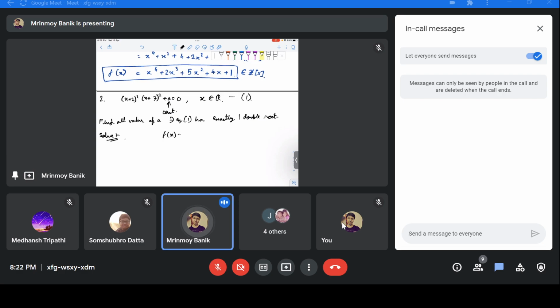Okay, so like if f(x) equals (x minus b) whole squared into (x minus c) whole cube into (x minus d) whole power 4 into (x minus e), then we say e is a single root, like nothing double or triple in it. But b here is a double root, c here is a triple root, d here is a root of power 4.